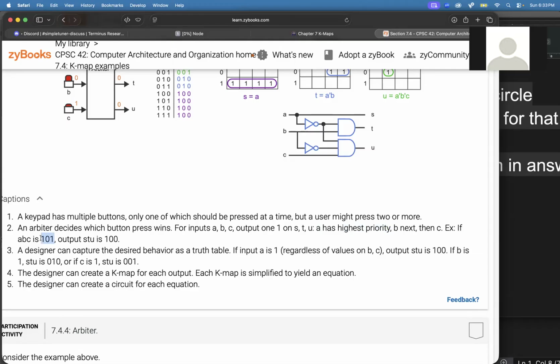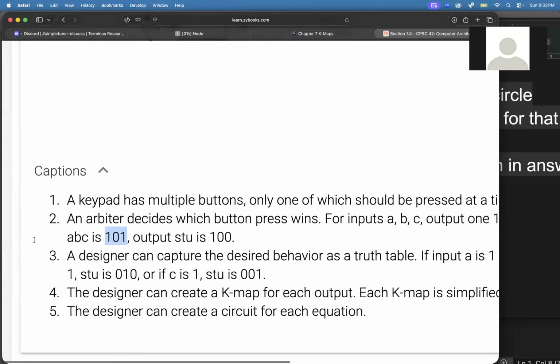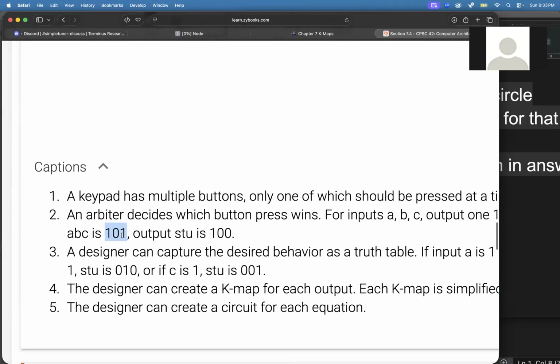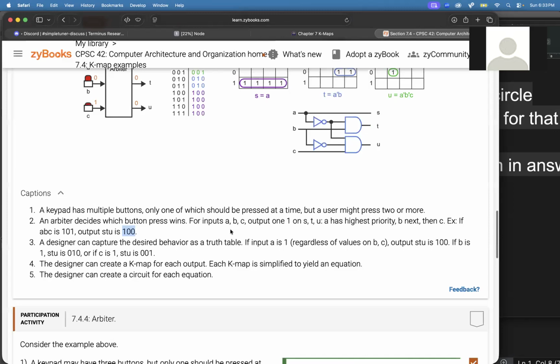So if you type in 101, that means they press button A and they press button C. So which one wins, A or C? And the answer was A, because we kept the one for A and we just got rid of the one for C. So this is A and C. This is just A. So A had higher priority, so we threw away the answer for C.